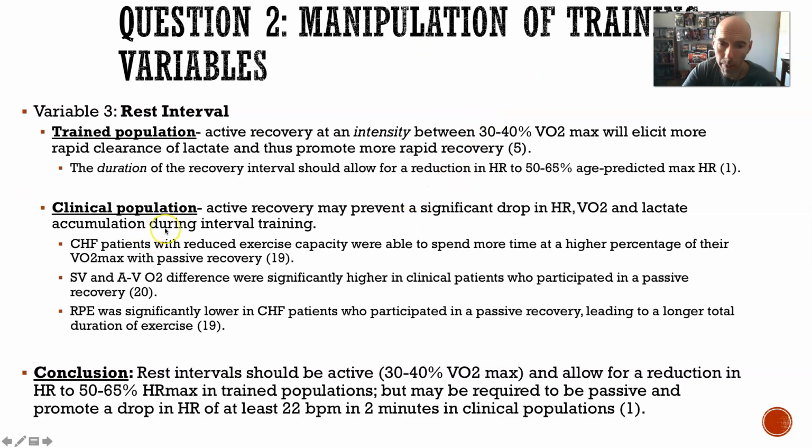Now for the clinical populations, what they found is an active recovery actually is still too intense to promote drops in these variables. Okay, so for a clinical population, they actually recommend a passive recovery from the work interval to allow for more effective recovery. So that's a big difference there. Okay, active recovery for fit individuals, passive recovery for clinical and untrained individuals.